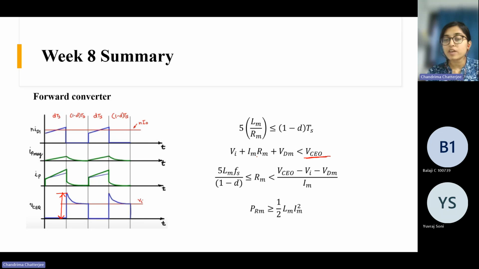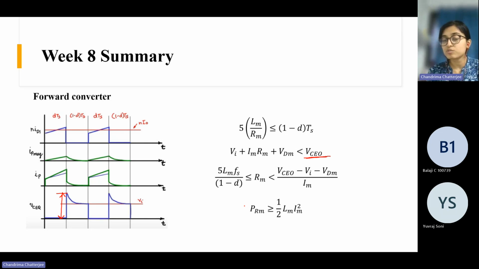So this peak value should be less than VCEO. From these two inequalities, we get this relation. From this relation, you can design RM. The resistance you can design from this relation. And another thing is when you select a resistance, the value is not sufficient.